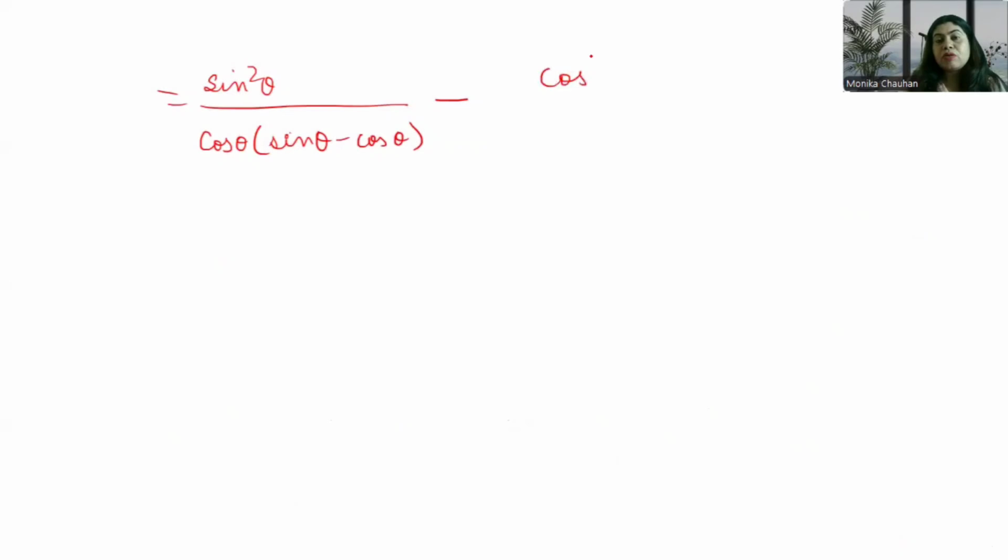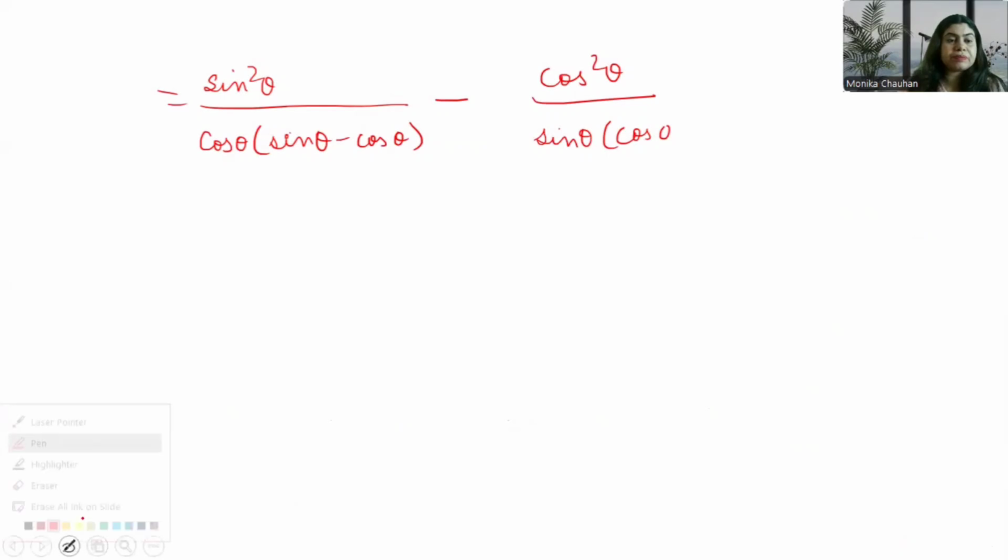Here, cos²θ upon sinθ, cosθ minus. When I change it into minus, whatever was minus will change into plus. So this will change into sinθ − cosθ. So this is an impact.